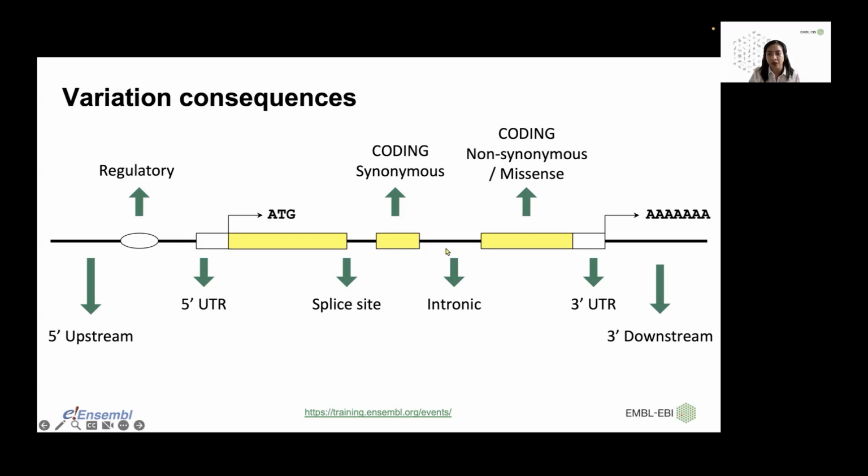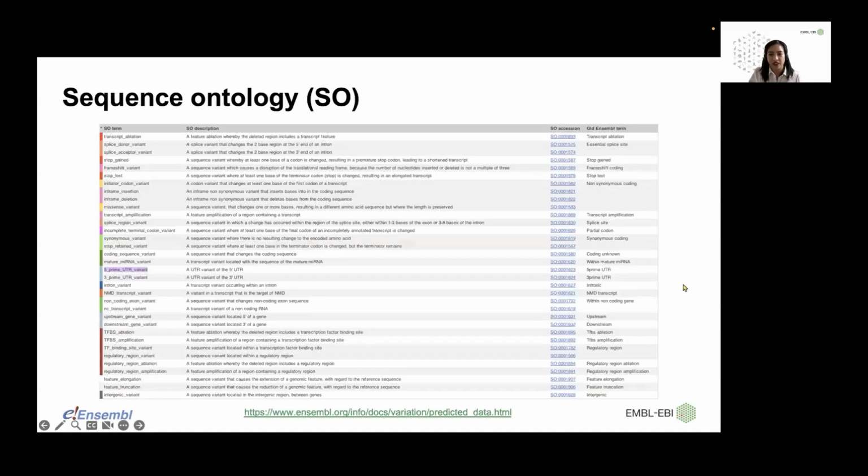If a variant were to fall within the coding region of a gene, so these yellow boxes here, there are two effects that the variant could have on the gene. The variant can have a synonymous or a non-synonymous effect.